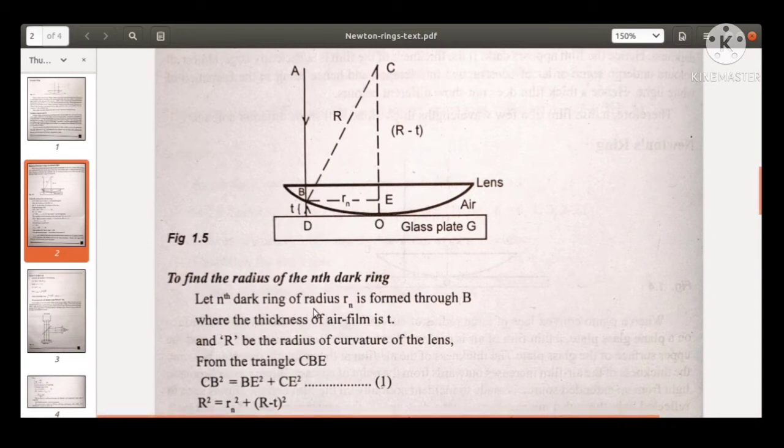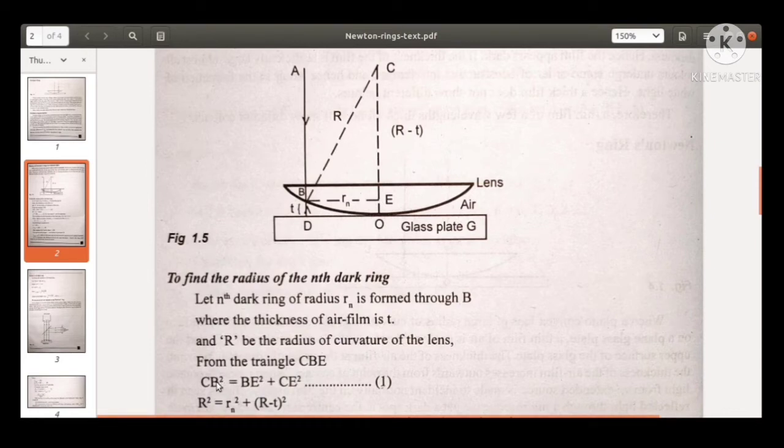Let the dark ring of radius Rn be formed through B. So we are considering a dark ring at a point B, which has air film thickness T, at a distance Rn from the central dark point. From this figure, from triangle CBE, CB square is BE square plus CE square.